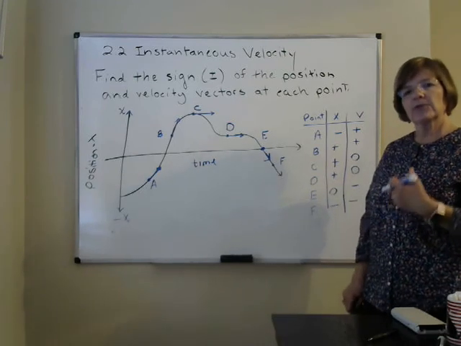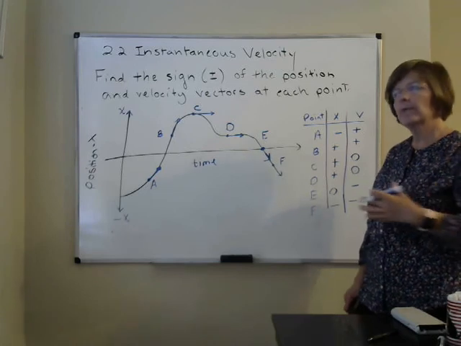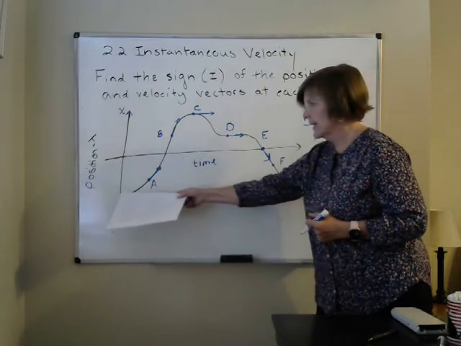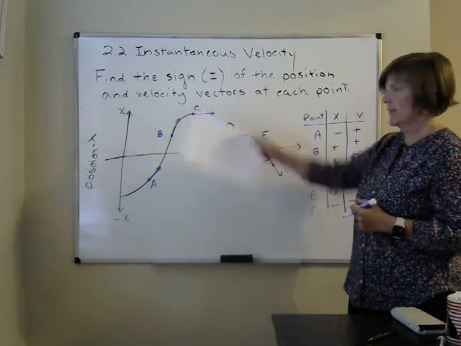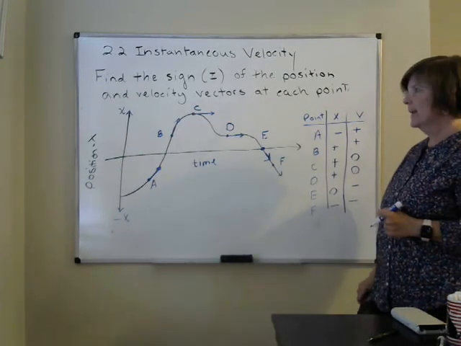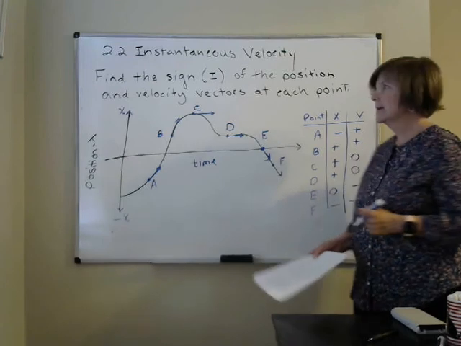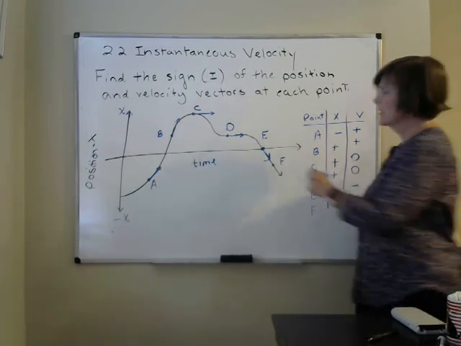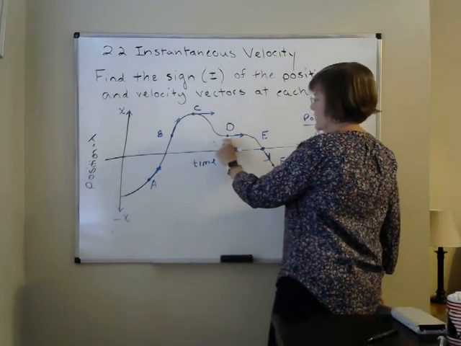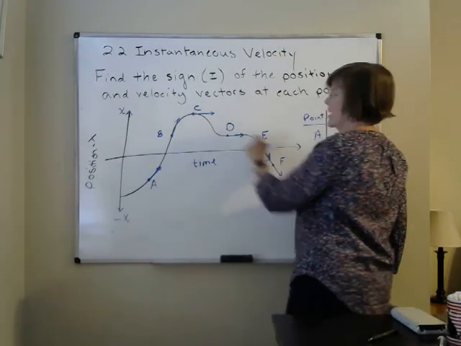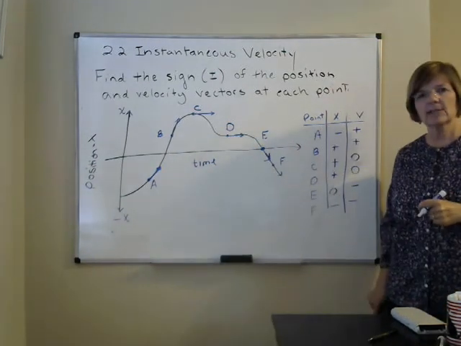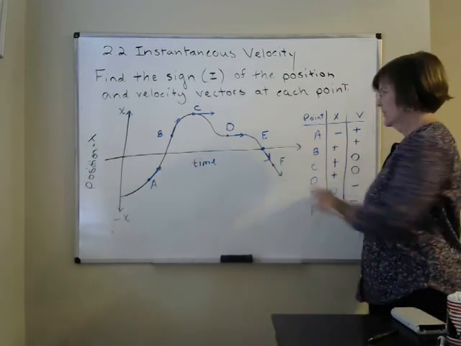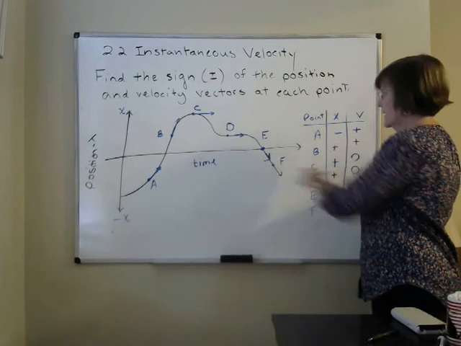Positive slope means you have a positive velocity, you're moving in the positive direction. Here you can see they're going from a negative value up here to a positive value. That's a positive velocity. If the slope is 0, it means for that moment, you're not changing. Like here, it looks like he's just not changing his position. Well, if you're not changing your position, you're standing still. That's a 0 velocity. Here we can see he's clearly moving in the negative direction.